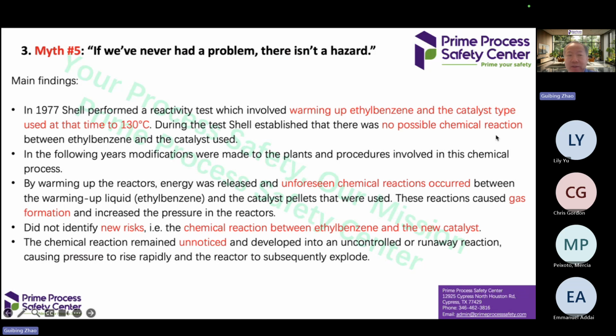And then they continued running this type of process. They improved the catalyst, and the catalyst probably became more active. But after that, nobody thought there was an exothermic reaction between catalyst and ethylbenzene. And that caused this incident.